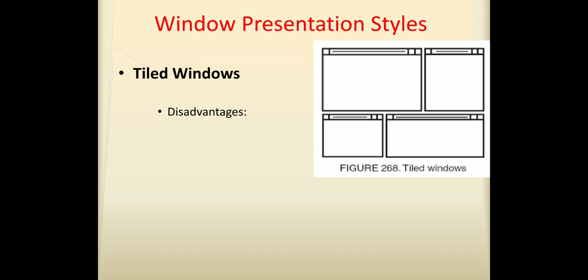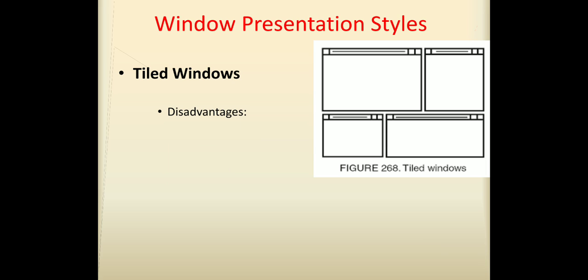As windows are opened or closed, the existing windows change in size. This sometimes tends to be very annoying. As the windows change in size or position, the movement can be disconcerting. As the number of displayed windows increases, each window is going to get tinier each time.